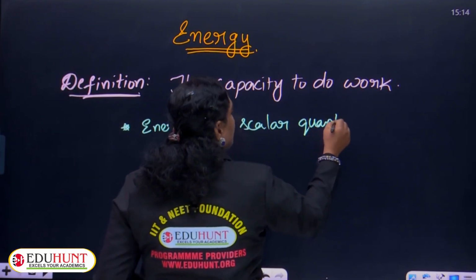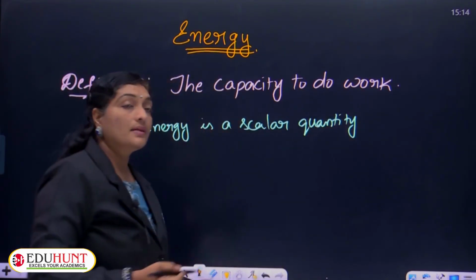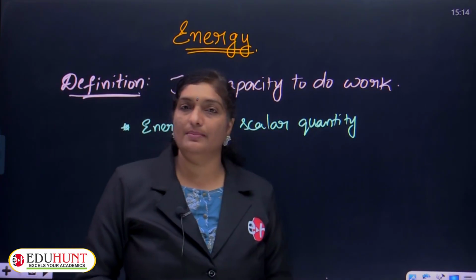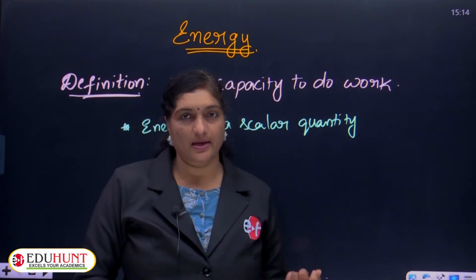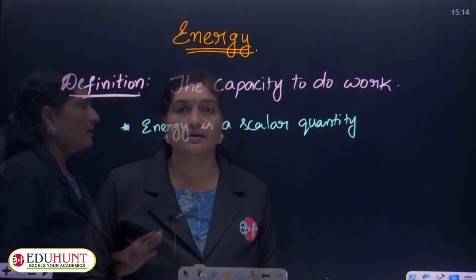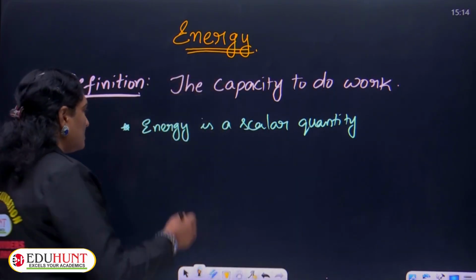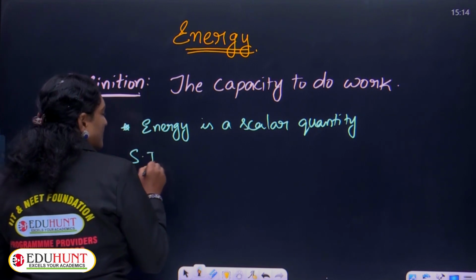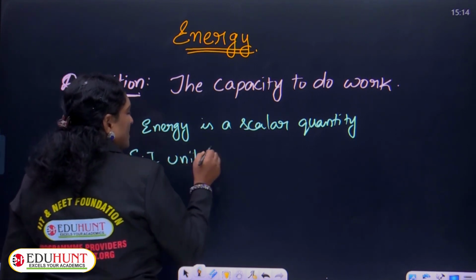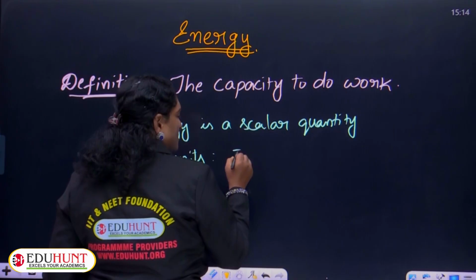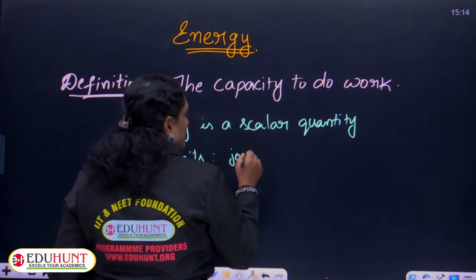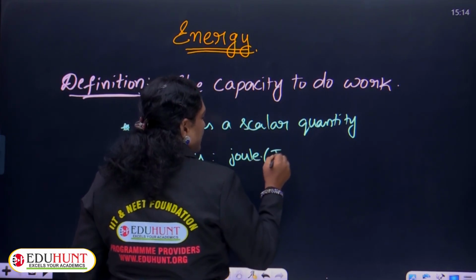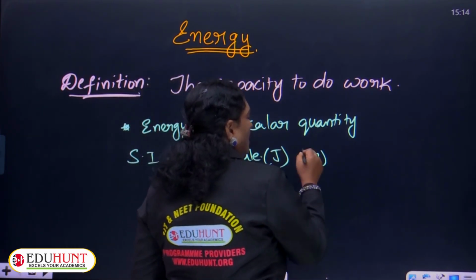What are the units of work done? In the SI system, work done is generally measured in joules, whereas in the CGS system, it is measured in ergs. Hence, the SI unit of energy is also the joule, capital J, or the erg.